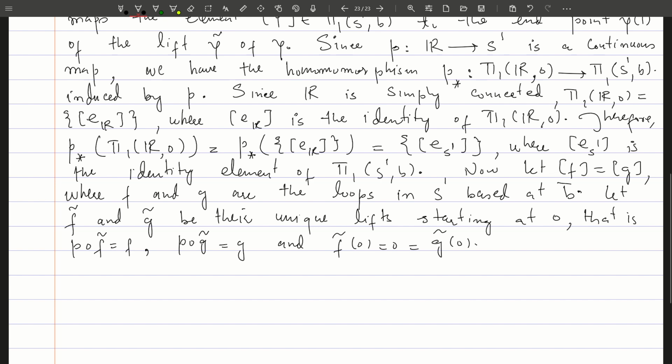Now we are given that these two homotopy classes are equal. Therefore, if I look at the class of F product with the class of G inverse, we get the homotopy class of the identity element of pi 1 of S1 at B, which is e_S1.